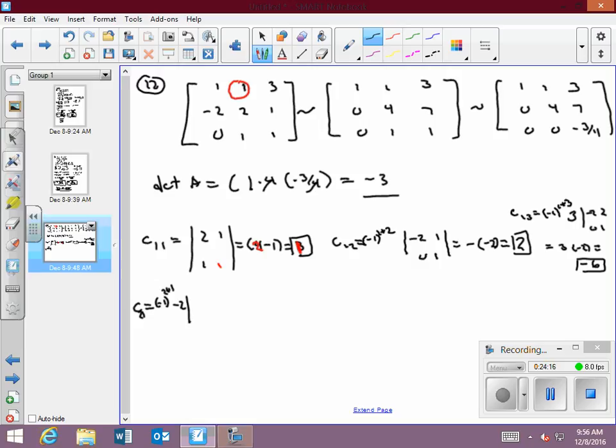And then crossing that out, that's a 1, 3, 1, 1, right? Which is equal to a -2 times 1 minus 3. That's a -2 times a -2, which is a 4, isn't it?